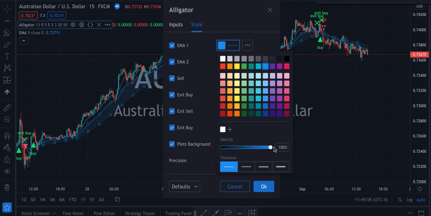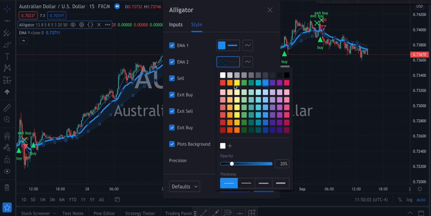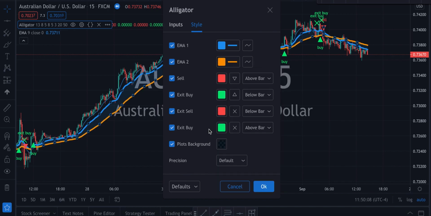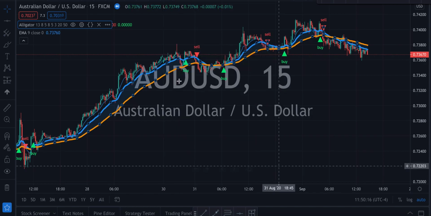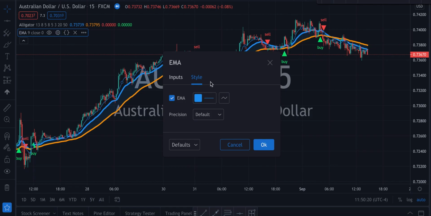We're going to make it thick, 100%. We're going to change this to orange. We're going to make it thick. And then I'm going to just take off these last two right here for now. I'll tell you what they do later if you want to keep those. Then hit OK. The last thing you're going to do is go to this EMA, go to settings.